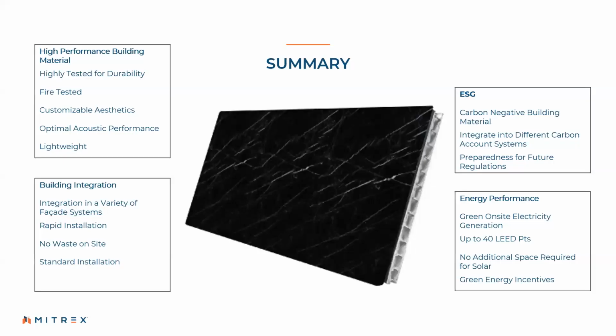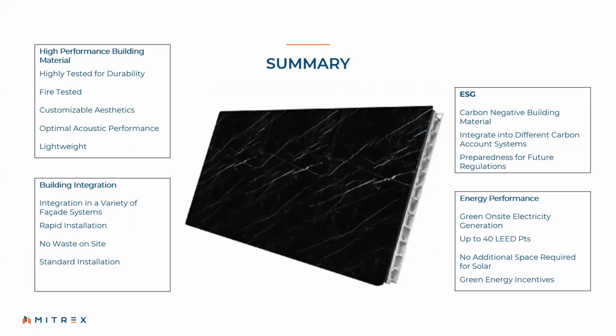And in conclusion, there are a lot of reasons to integrate BIPV into your project. It's a high performance building material. The testing is there. It's fire tested. The aesthetics are customizable. It's a lightweight panel. You're looking at 3 to 4 pounds per square foot. You've got acoustic performance.